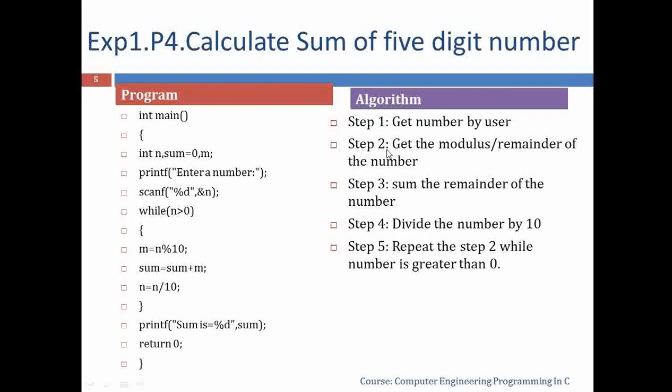Again repeat step 2, process 3-digit number by using modulo operator and we will get the remainder and that remainder add into the sum variable, and 3-digit number divide by 10 and get 2-digit number and that 2-digit number process in step number 2.